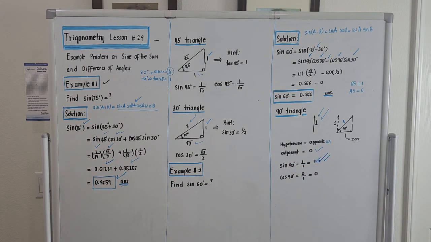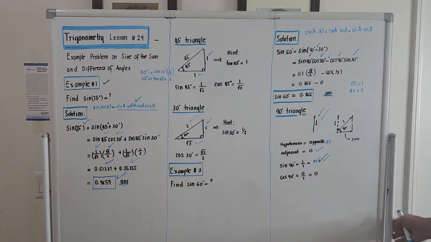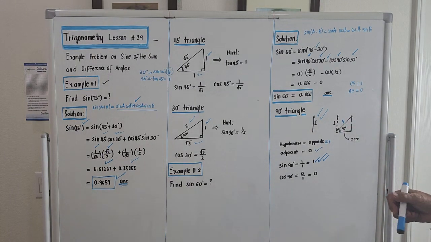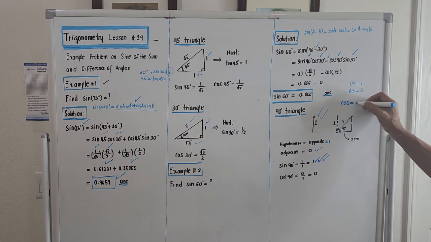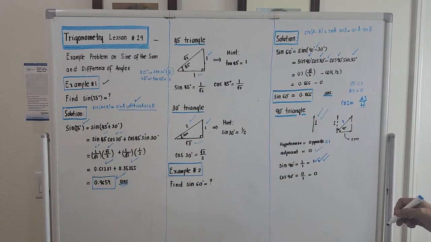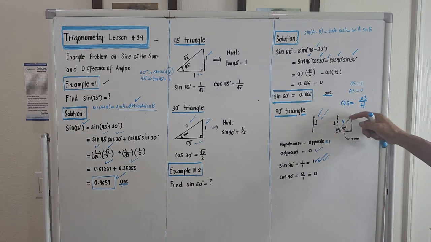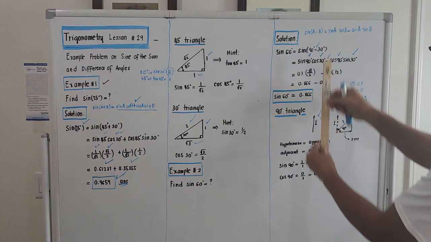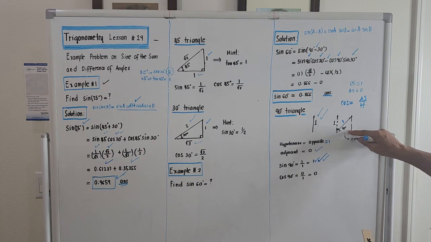And for the cosine, this is why the cosine of 90 degrees is 0. It emanates from this one. What's the definition of cosine? Cosine is adjacent side over hypotenuse. But at the instant that the opposite side is vertical, it is standing upright, there is no more adjacent side.